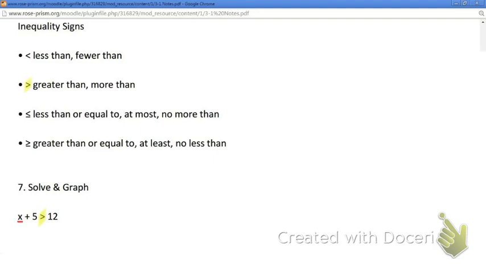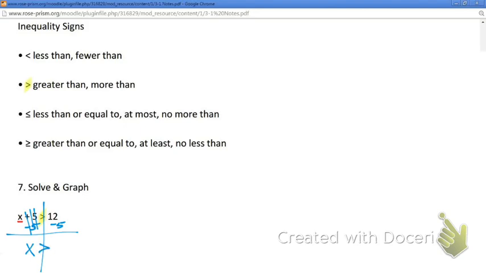Here's my variable. What's happening to it is it's being added by 5. What is the opposite of adding 5? Well, that's minusing 5. So you're going to minus 5 on both sides. And again, when I say both sides, I mean both sides of the equal sign, or in this case, inequality sign.